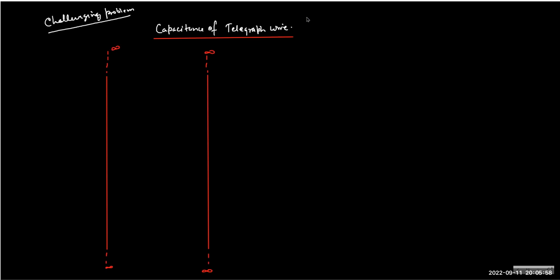To model this question, we convert the wire into two cylinders. So it is like finding the capacitance of two cylinders of unit length, or you can say it is the capacitance per unit length.